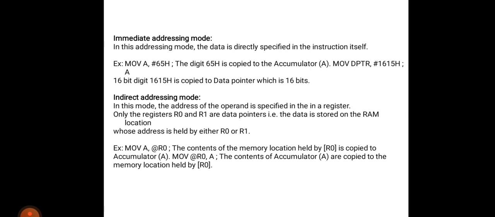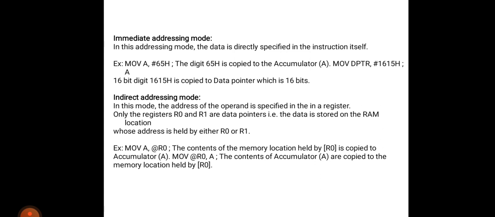Then another example is MOVX A, @DPTR, which means the contents of the external RAM location held by DPTR, that is 16 bit, are copied to the accumulator A. The next example is MOVX A, @R0. The contents of the external RAM location held by register R0, which is 8 bit, are copied to the accumulator A.